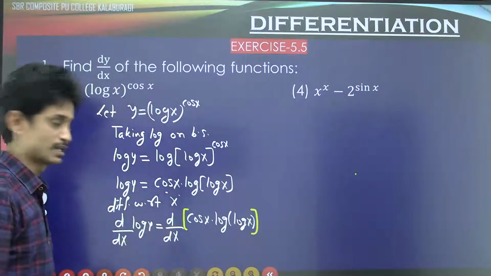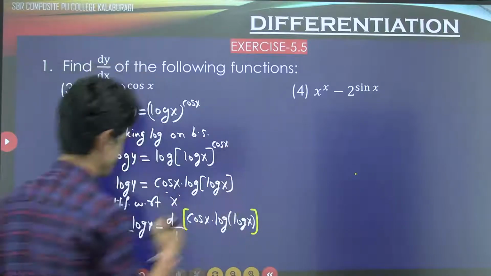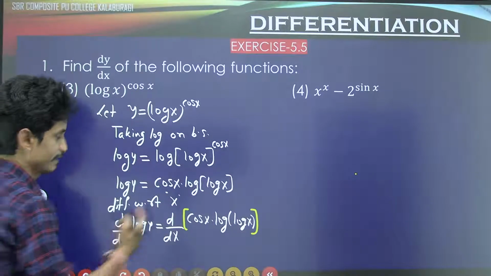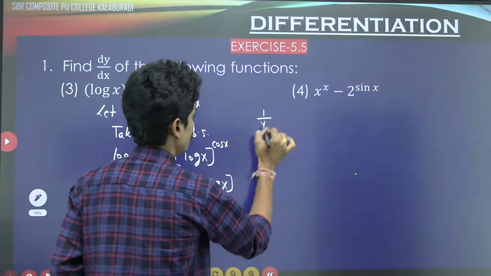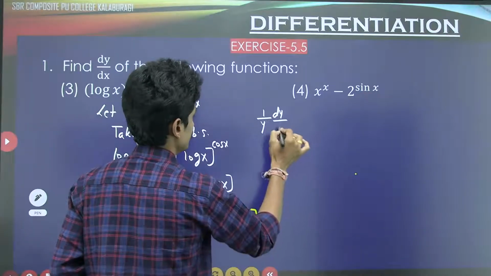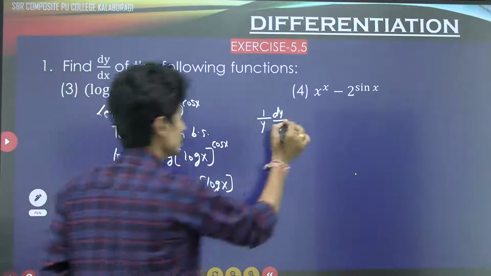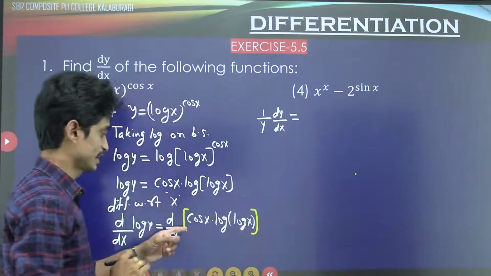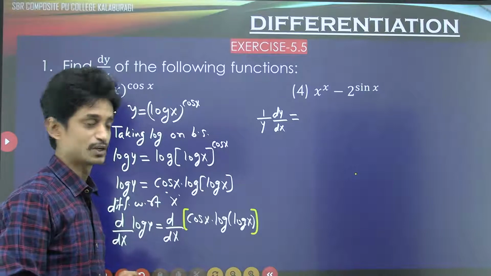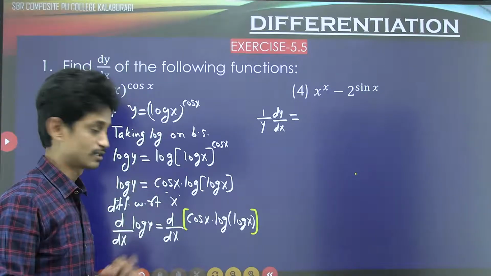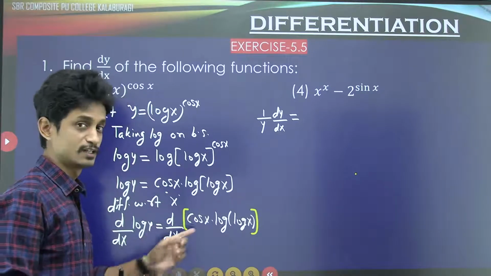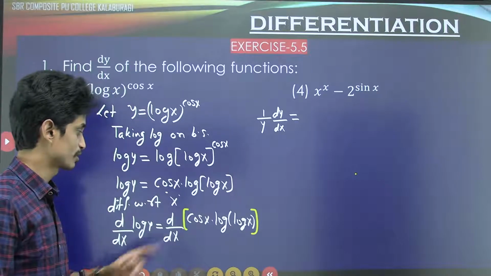Understood here? Now, this left hand side derivative, that is log y derivative, would be 1 upon y into dy by dx. On this side, cos x into log of log x, there are two functions in product form, so we can apply the product rule.